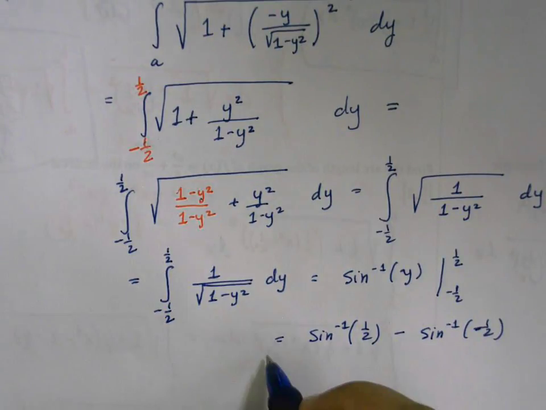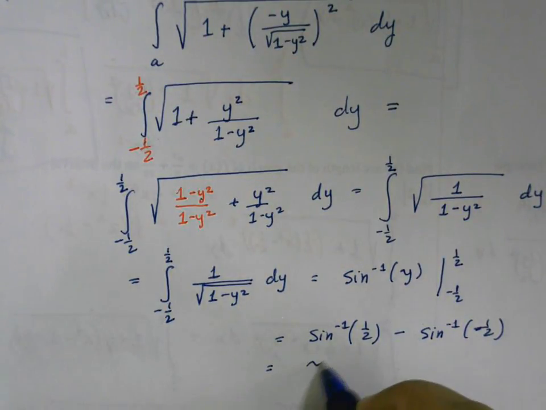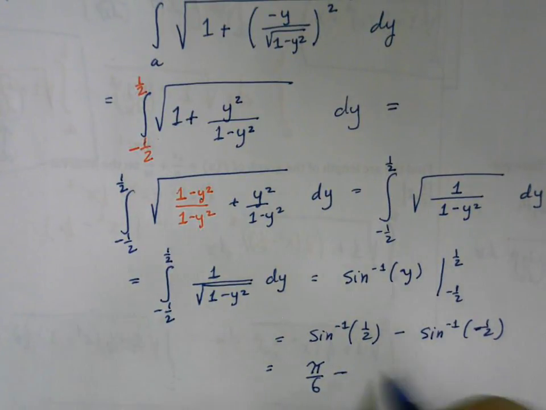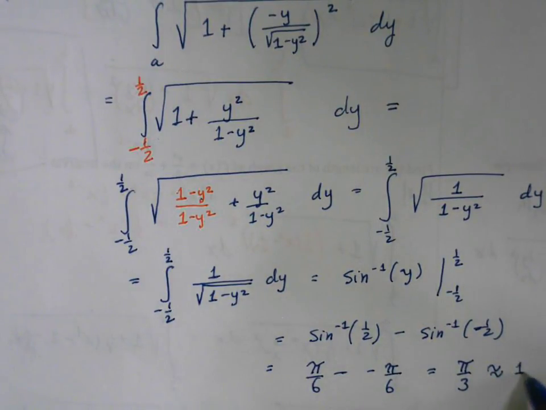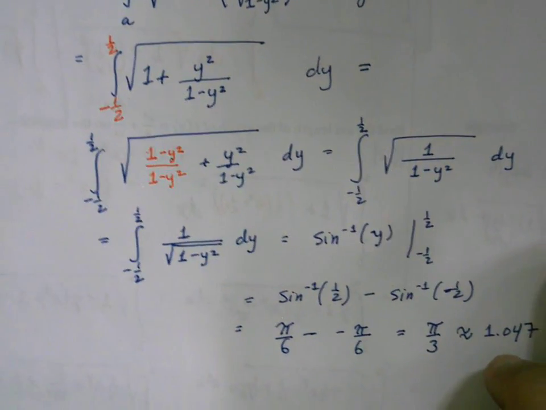Okay? And the sine inverse of 1/2 is pi over 6. The sine inverse of negative 1/2 is negative pi over 6. So all of this comes out to be exactly pi over 3, which, had you used your calculator, you would get about 1.047. Let's make sure we go out to 3 decimal places, especially if you're taking the AP exam.